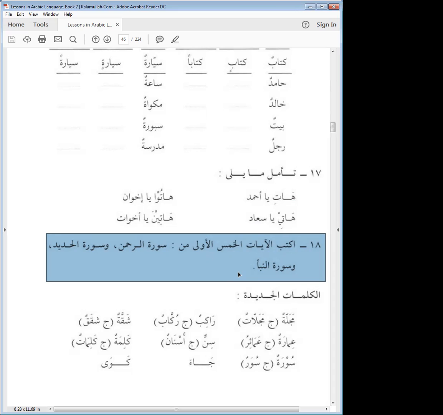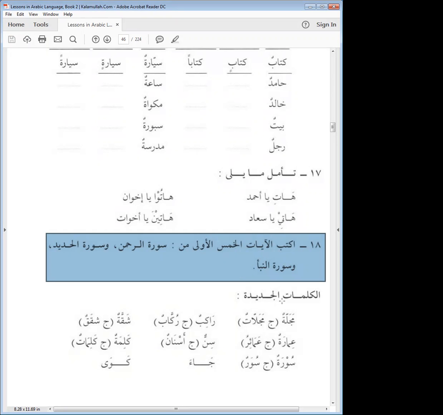Surah Rahman is chapter number 55. Surah Hadid is chapter number 57. And Surah An-Naba is chapter number 78. Alright, so you try and do these inshallah as homework. This is the end of the lesson here. Next week, inshallah, we'll do an overall recap.